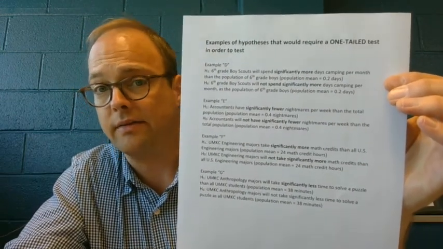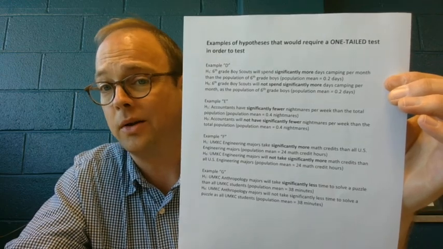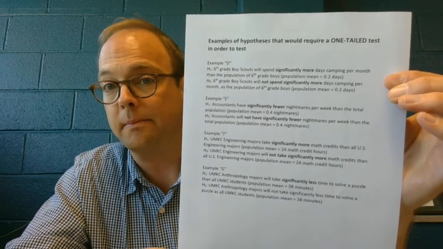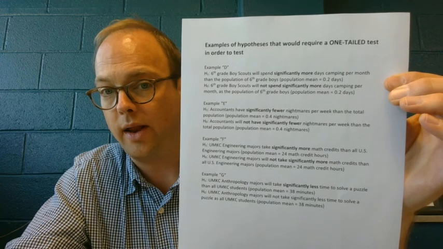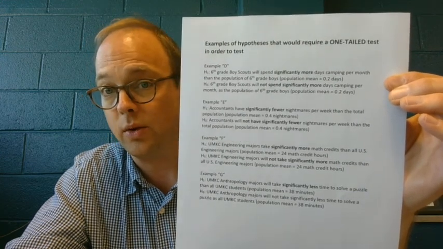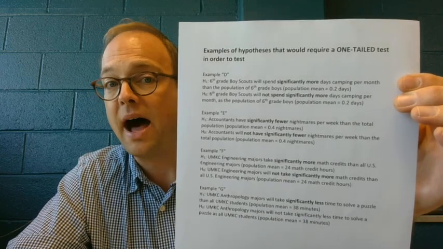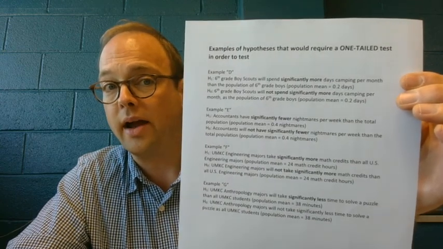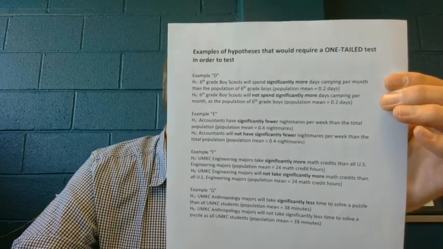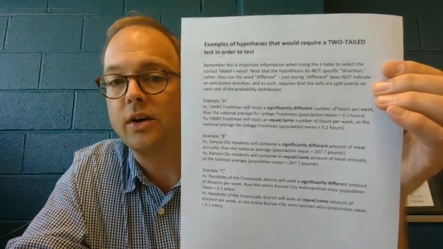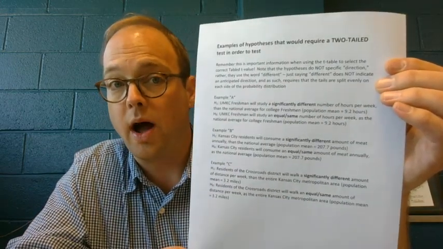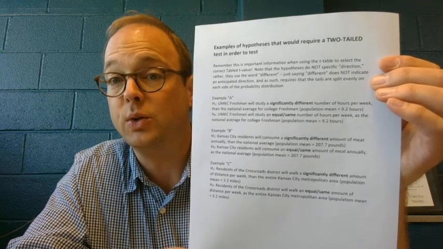Actually, I'm making everything available on Blackboard, so feel free to print out the handouts and refer to them, so you don't have to pause and copy this whole thing down. These are examples of hypotheses that would require a two-tailed test. So I'm going to read them and point some things out to you.